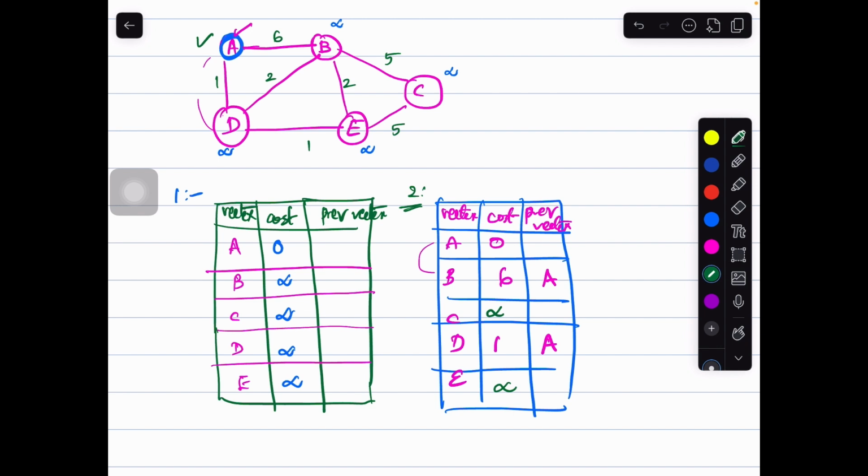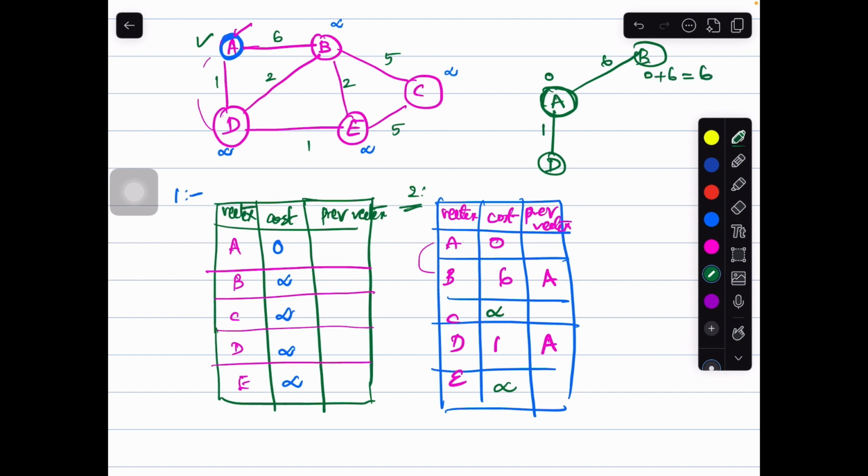When we calculated for node A, starting from node A, it has neighboring nodes D and B, right? For node A, it is 0. So when we calculated for node B, it is 0 plus 6, which is equal to 6.